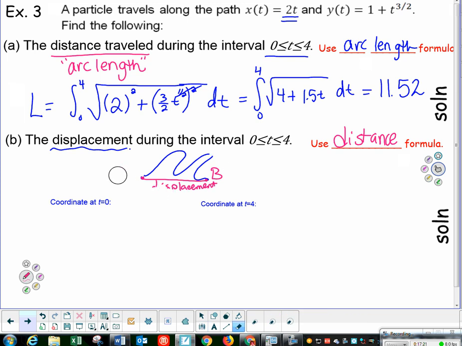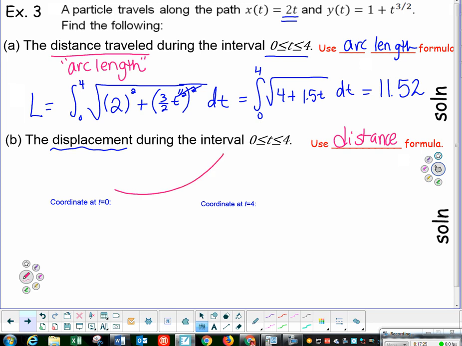So, I guess that was an okay picture too. Maybe if I had a simple curve like this, arc length would have been all along there. Distance would be this. I'm mixing my words. I'm so sorry.